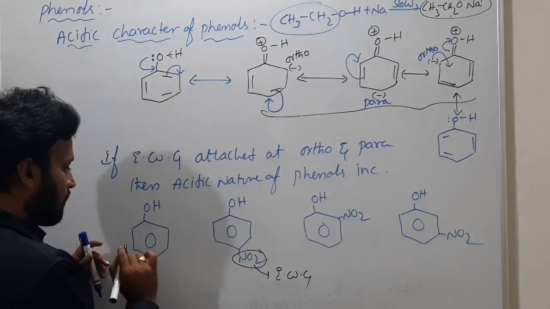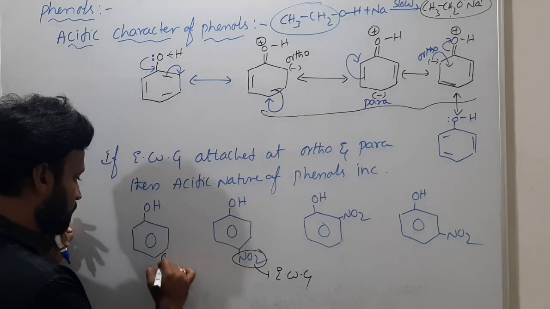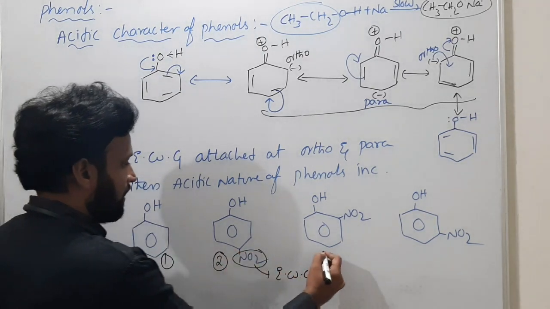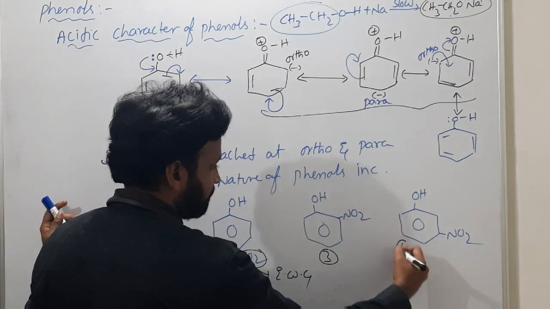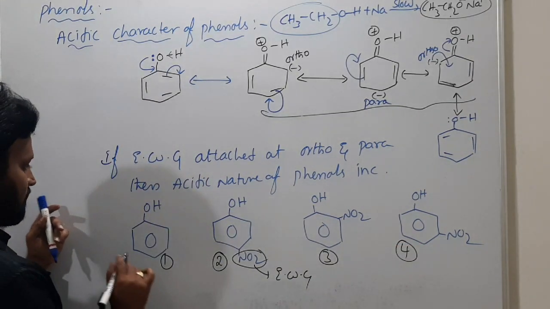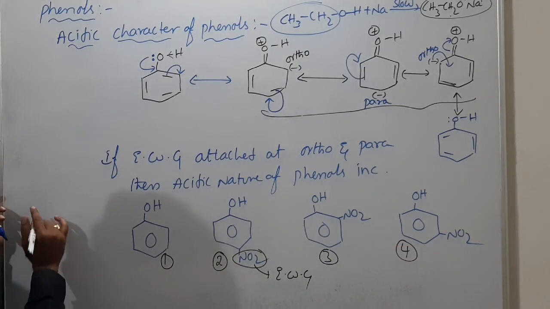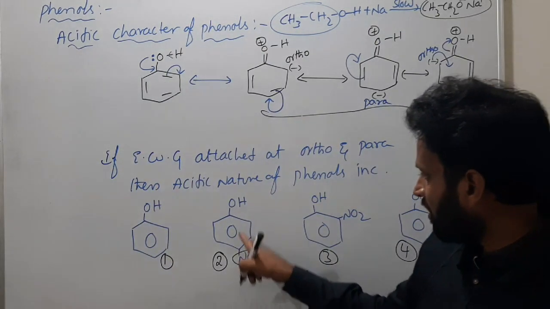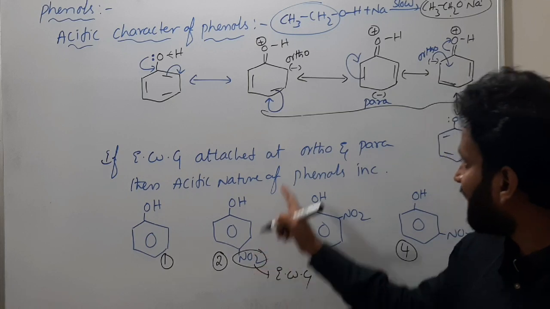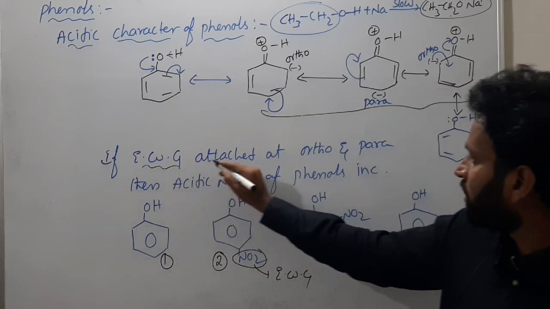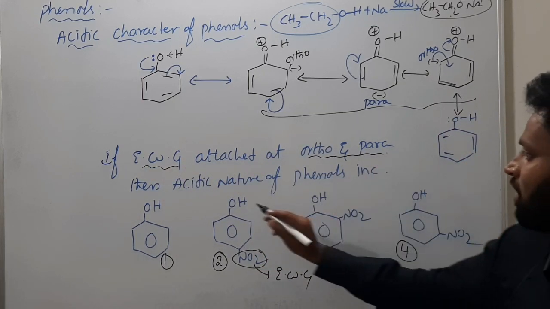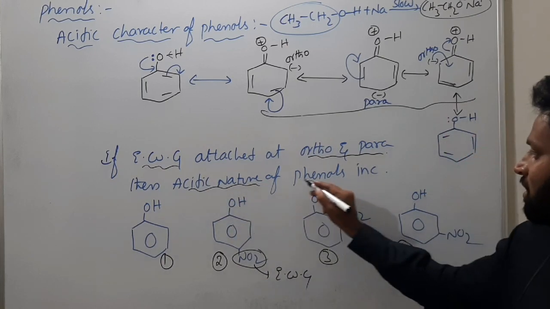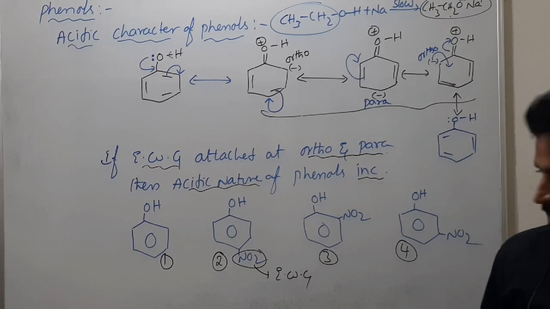Certainly, who is more acidic among these? This is 1, this is 2, this is 3 and this is 4. Look here, everyone. I said that when electron withdrawing groups are attached at ortho and para, then the acidic nature increases in phenols.